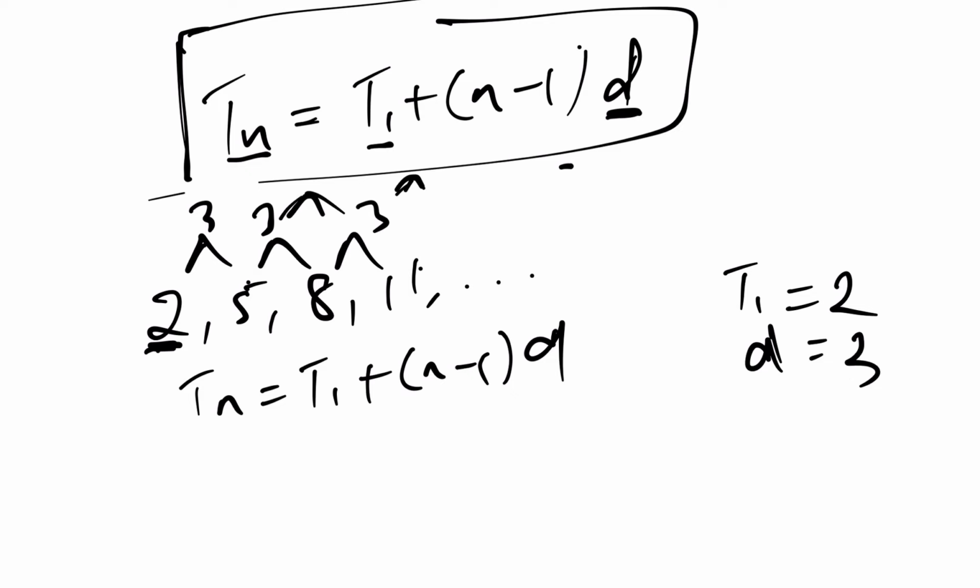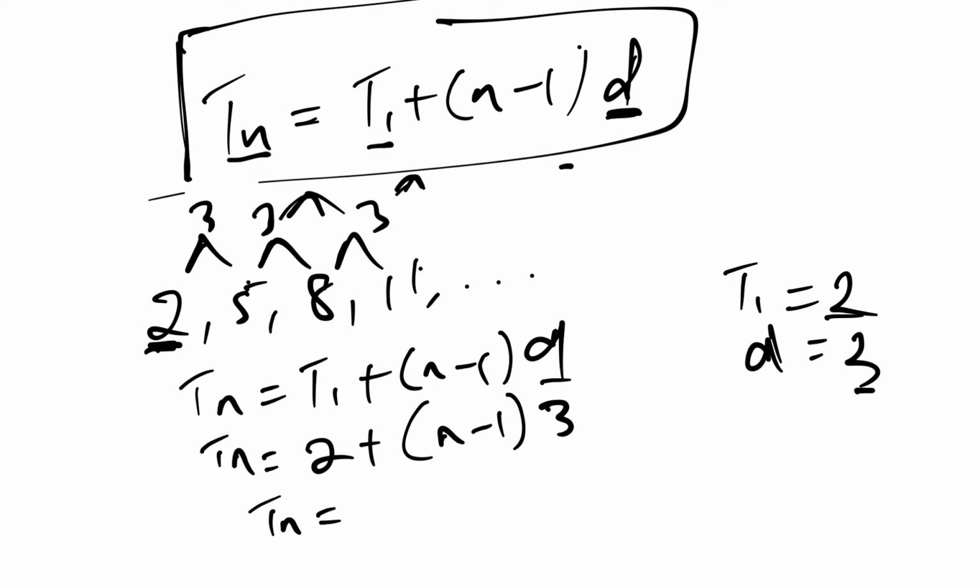So now for us it's just to plug into the formula. We are saying Tn is equal to T1. T1 is 2. 2 plus n minus 1, then d. D is the common difference, which is 3. Now we just have to simplify.